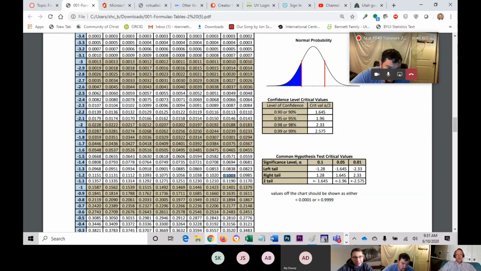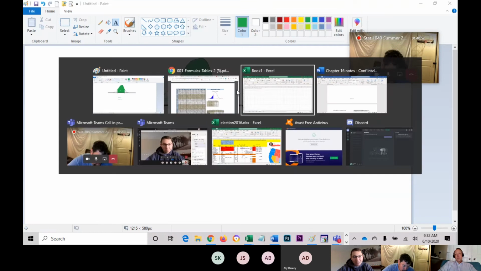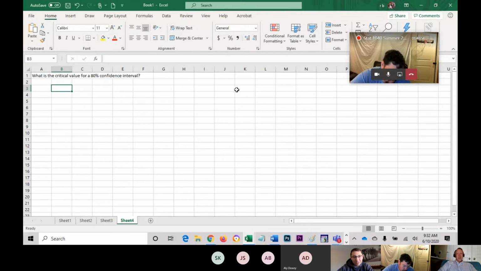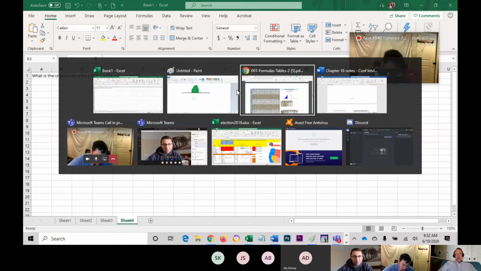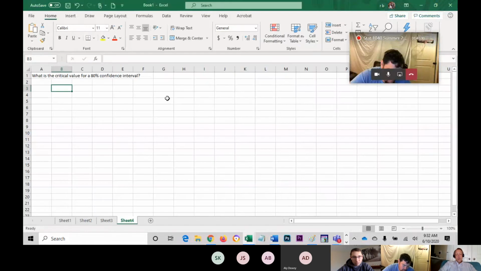Okay, so what value does that correspond to? That's negative 1.2, and then I go up there to 8. So your critical value, Z sub alpha over 2, in this case is going to be 1.28, plus or minus.